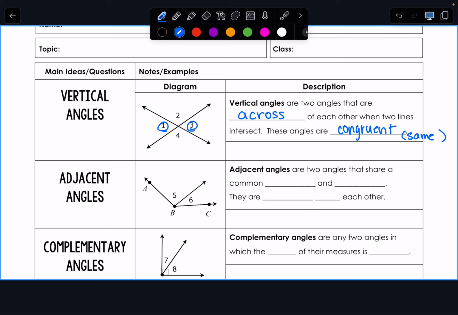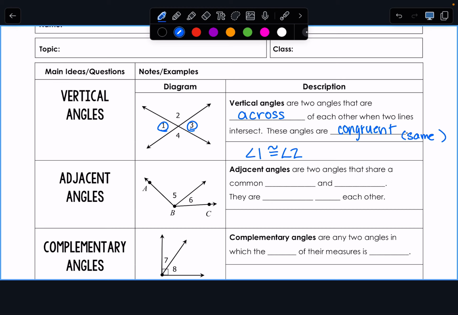They're going to be equal in measure. So we write that angle 1, this is the sign for congruent, angle 3. That means those two angles are the same number of degrees. So maybe they're both 40 degrees or maybe they're both 50 degrees, whatever it may be.